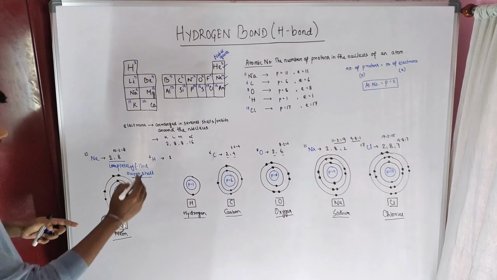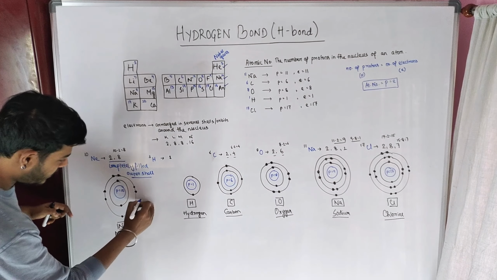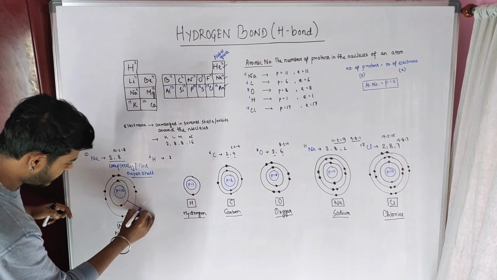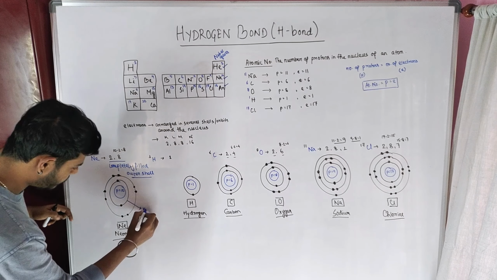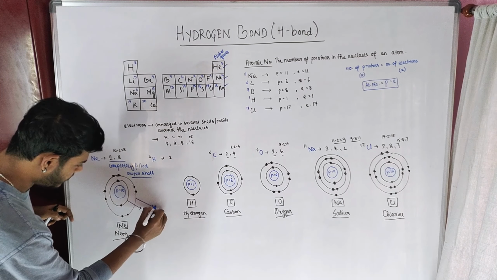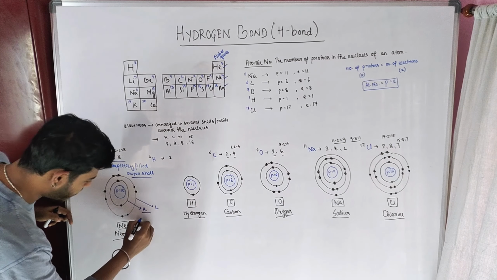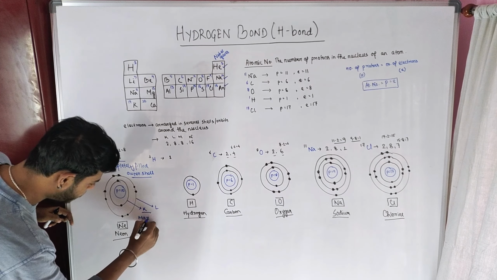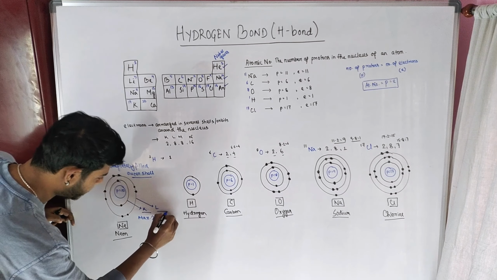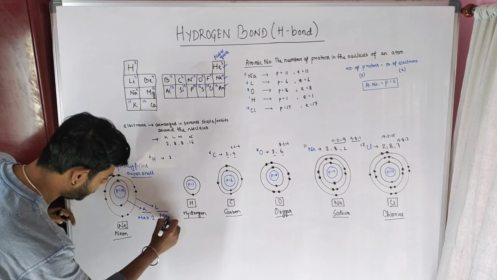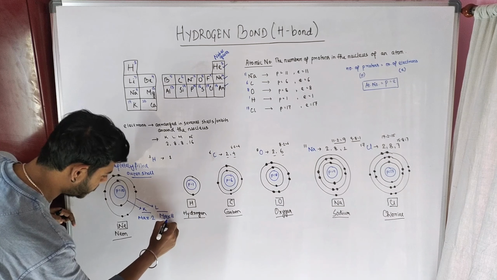What that means is that this is the K shell, and this one is the L shell. The K shell can accommodate a maximum of 2 electrons, and the L shell can accommodate a maximum of 8 electrons.